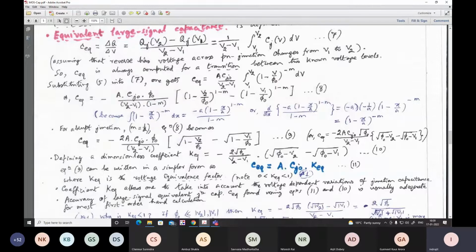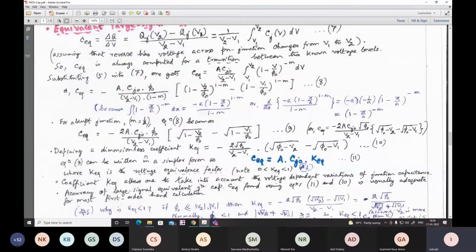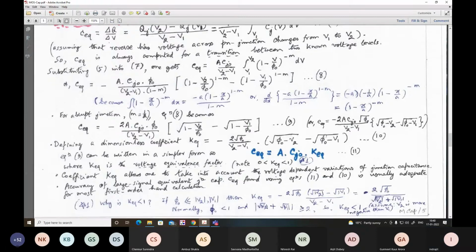In order to have a quick mechanism for calculating this large signal equivalent capacitance, we introduce a dimensionless coefficient, namely K subscript EQ equal to minus 2 root phi 0 upon V2 minus V1. In general, V2 and V1 are much larger compared to phi 0.